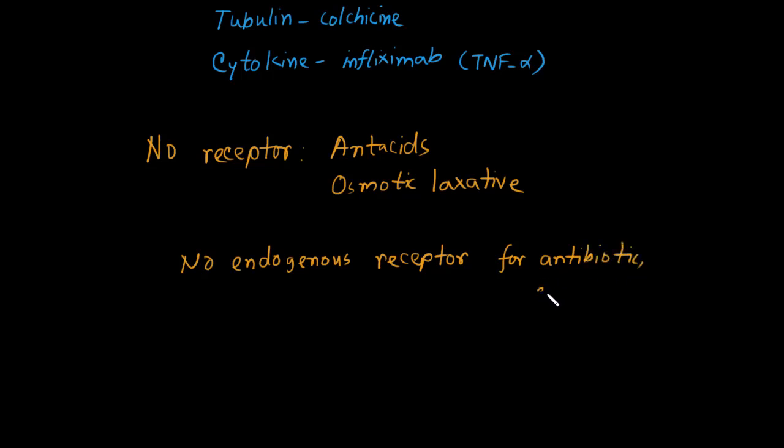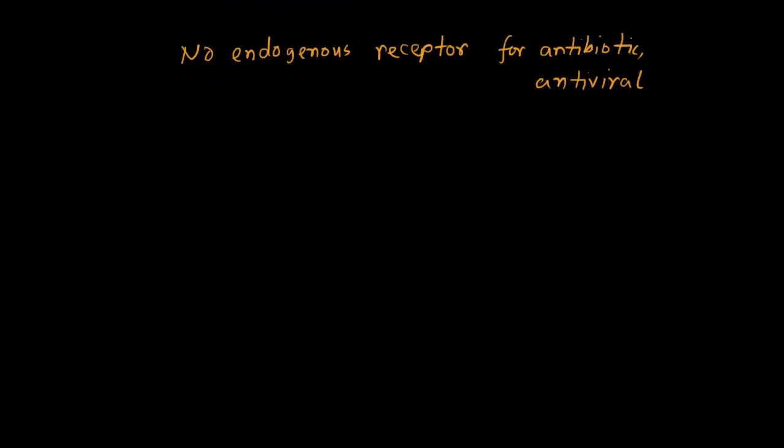So they are not part of our body, and they are targeting something which is not actually part of our body. And when drug molecules bind to the receptors, it can activate the transmembrane signaling mechanism, which we are not discussing here.